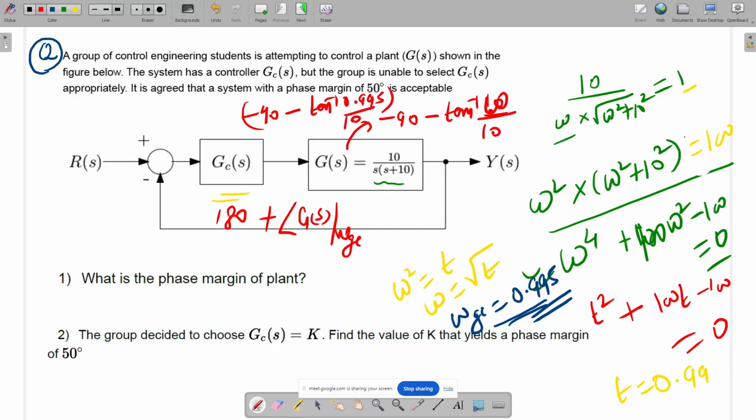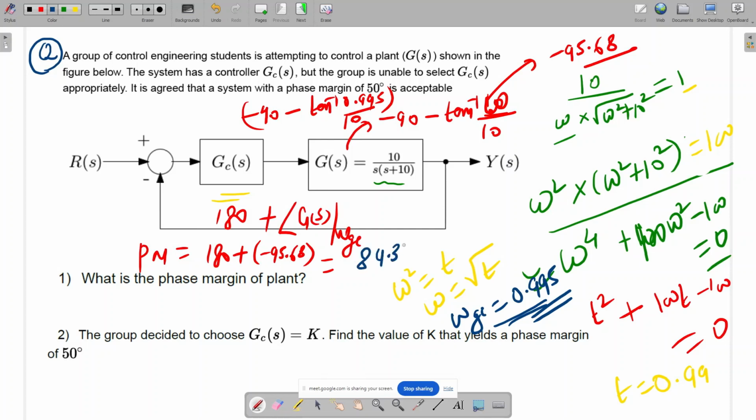It is minus 90 minus tan inverse of 0.995 divided by 10, so this angle is minus 95.68. If you add this angle to 180, that will be the phase margin. So phase margin will be 180 minus 95.68. How much are we getting? 84.31. So 84.31 is the phase margin, the first answer. Is it clear to all?